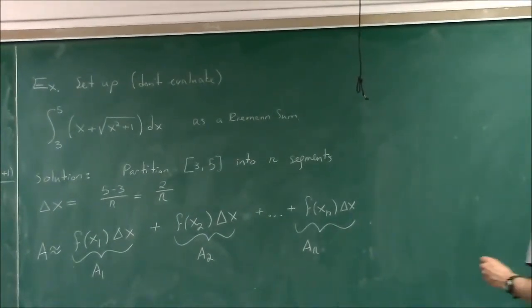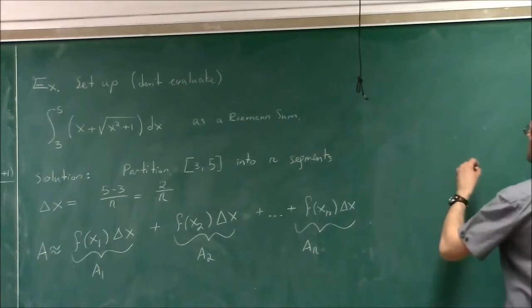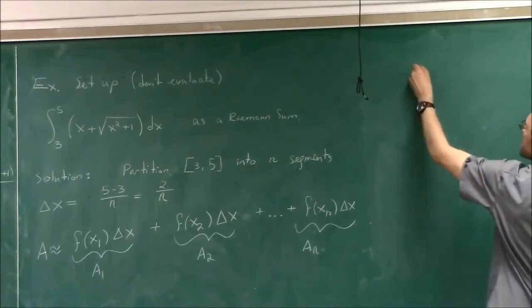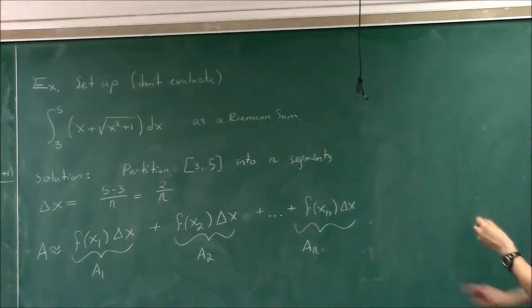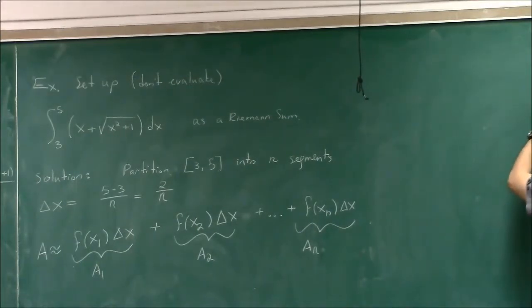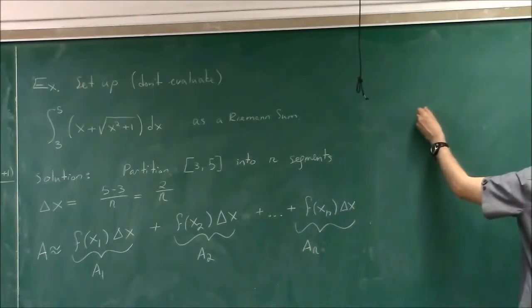Now, how do I obtain x1? So I can just draw myself a picture. How am I going to construct those rectangles? So the idea is I'm going to go like this.